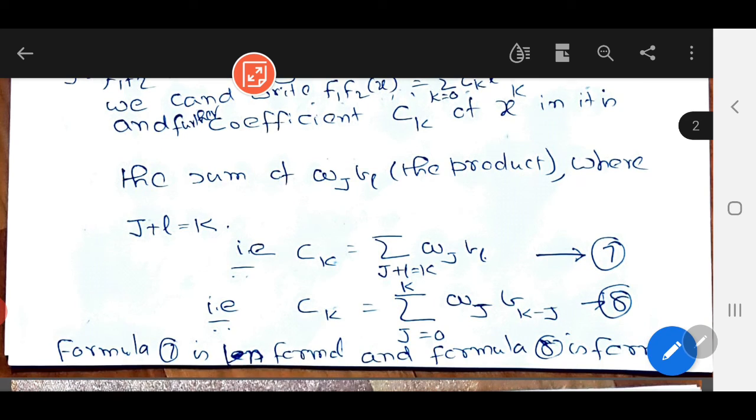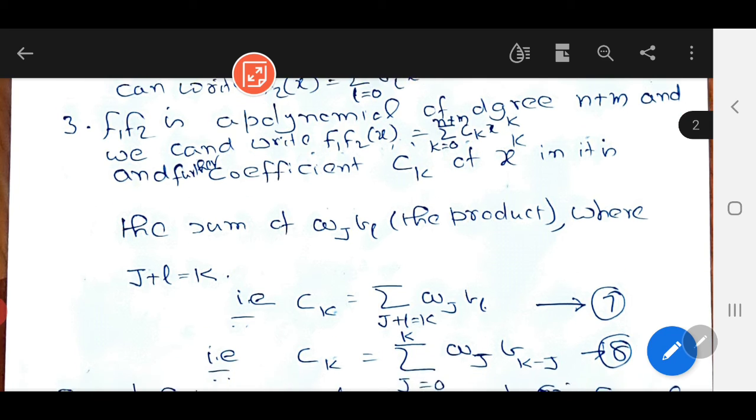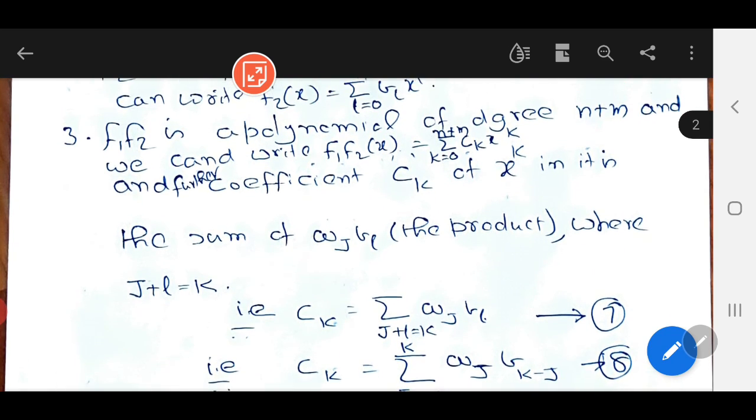Now, if we look at the coefficients of f1 f2 of x, the coefficient of x power k, that is ck, can be written using sigma notation, like the one I have described in 7. So sigma aj bl.